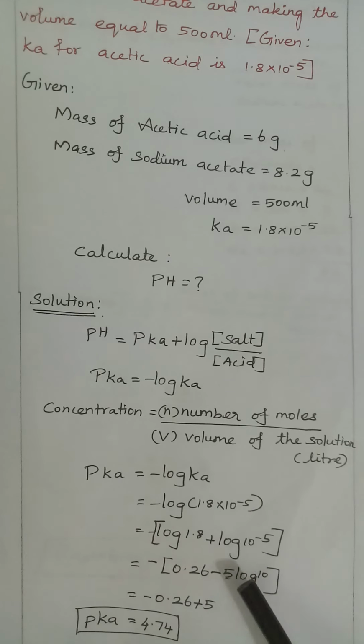Minus comes inside. Log 1.8 is 0.26, and minus 5 log 10 gives plus 5. So 5 minus 0.26 equals 4.74. The pKa value is 4.74.